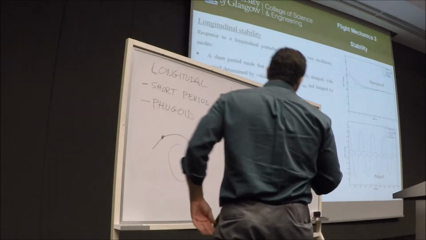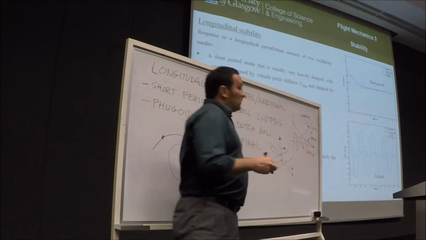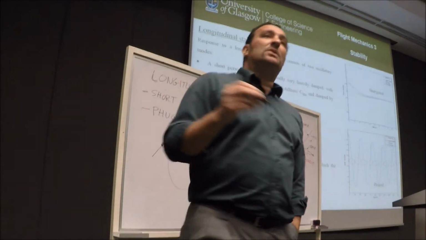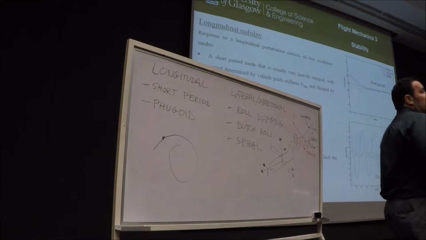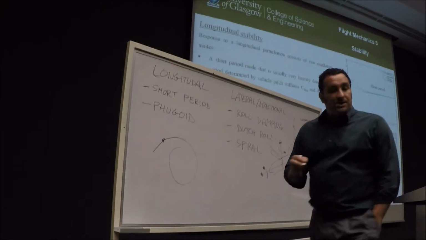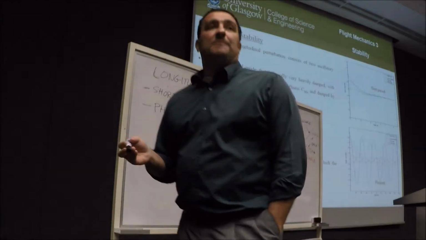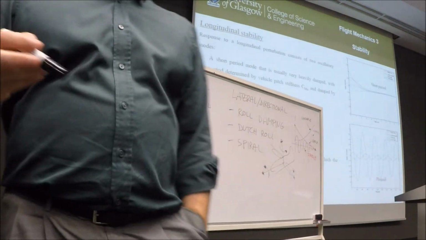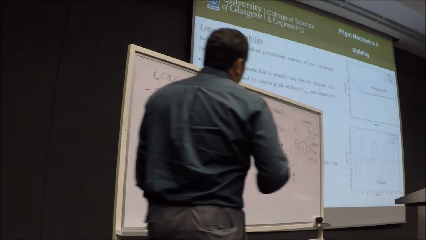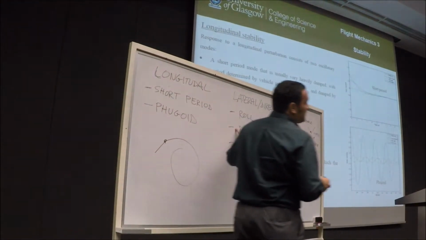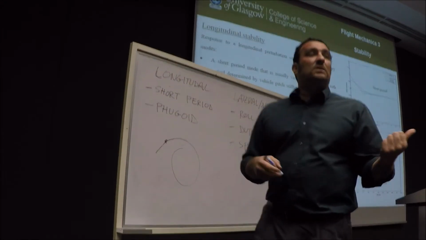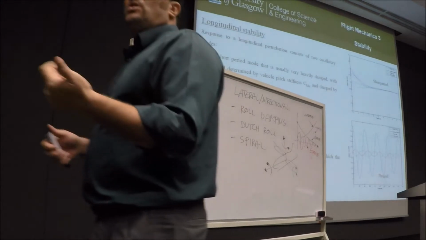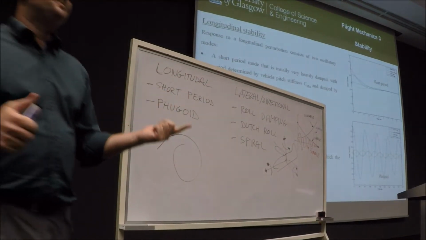And then you have spiral, which again combines roll and yaw perturbations, but on a much longer time scale. While the Dutch roll is generally damped, even though it takes a long time, the spiral can be either stable or unstable.